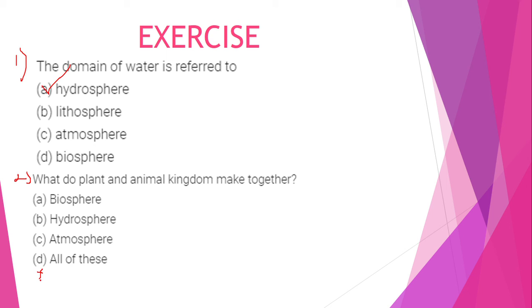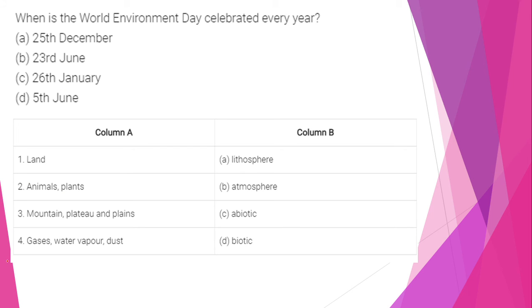It's a wrong answer because the plant and animal kingdom make only the biosphere. They do not make the hydrosphere. They need the hydrosphere, atmosphere, and lithosphere to live, but they do not make the hydrosphere. So all of these would be a wrong answer. Biosphere would be the right answer.